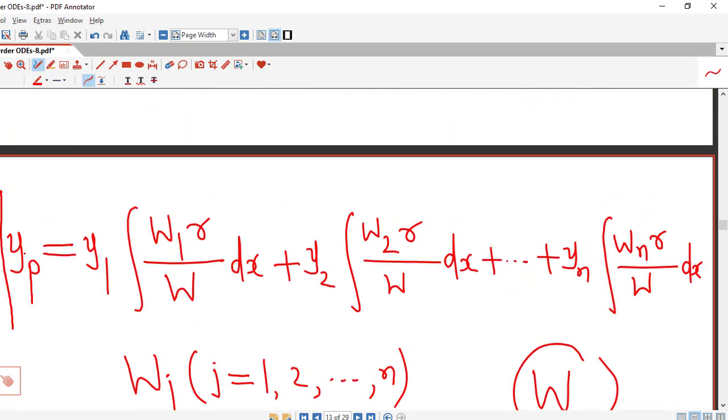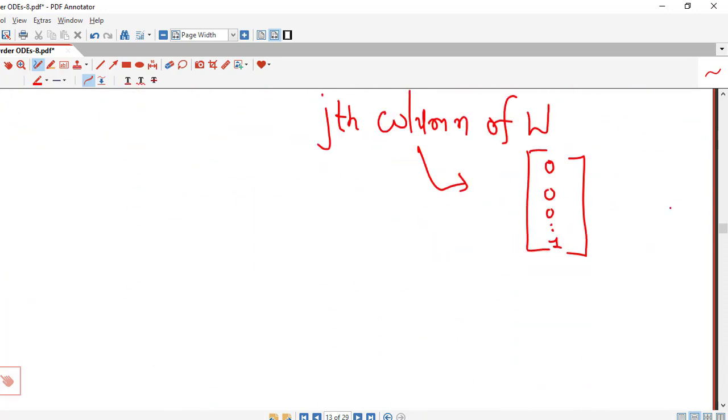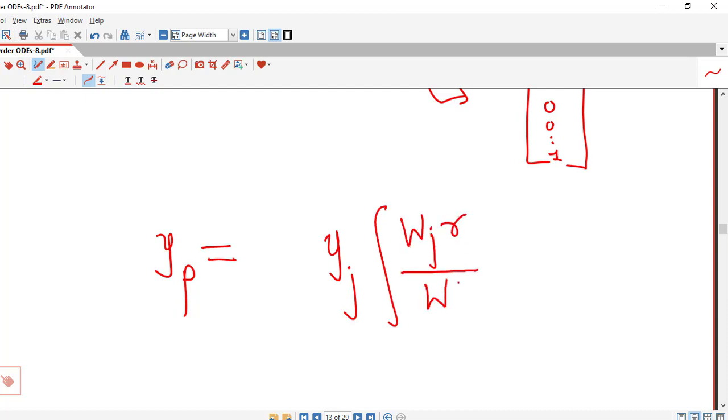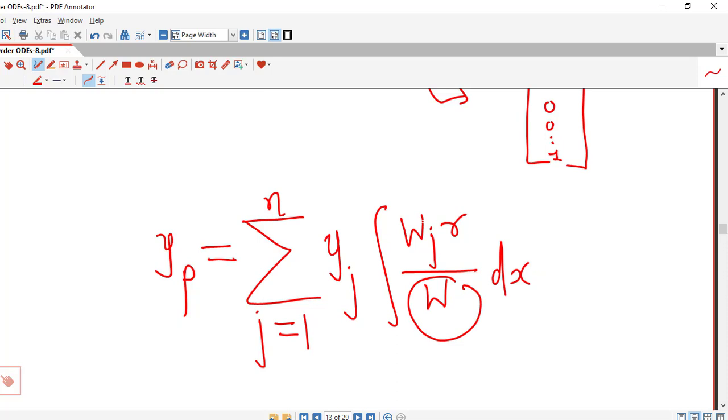This is the general formula for the method of variation of parameters, and it is easy to remember. We just have to remember yp equal to, suppose I write yj here, and here I have to write the integral of wj r over w dx. I can write it in sigma notation also, sigma j equal to 1 to n, where wj is obtained from w by replacing the jth column of w by the column 0 0 0 up to 1.